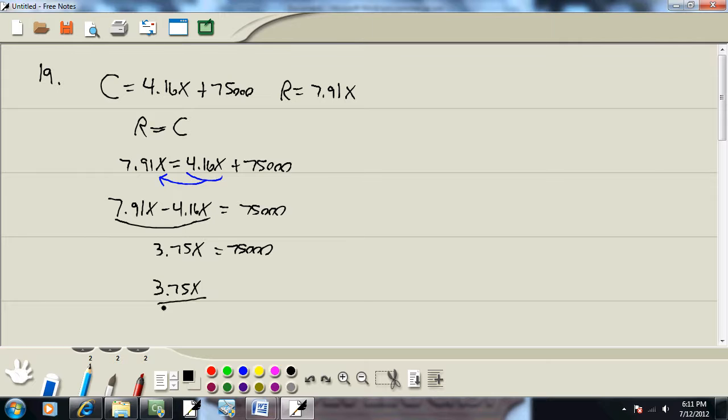So we're going to divide both sides by 3.75. When we do that, those 3.75s cancel. And 75,000 divided by 3.75 gives us 20,000.